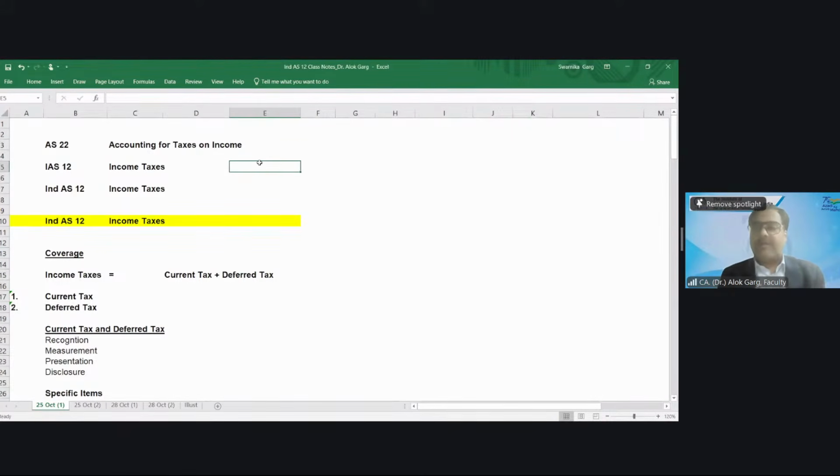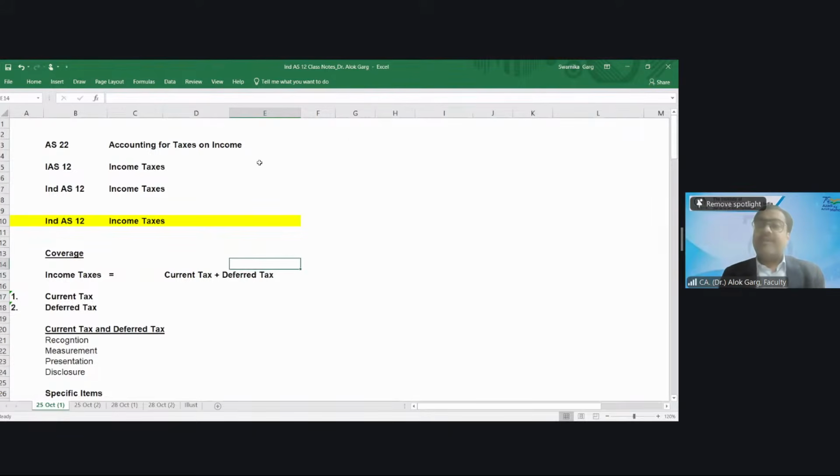While the title is income taxes, it talks about accounting for taxes on income. And in India, when we converged IFRS into Ind AS, so Ind AS are the converged IFRS applicable to India, we converged IAS 12 to Ind AS 12. That's why the title is the same, income taxes. But what it talks about is accounting for taxes on income, right?